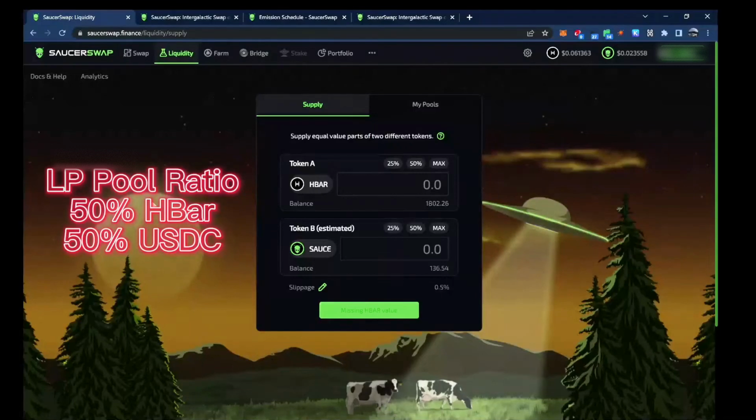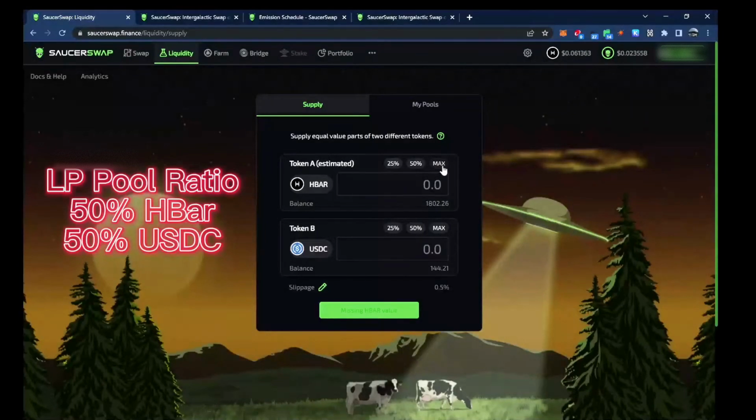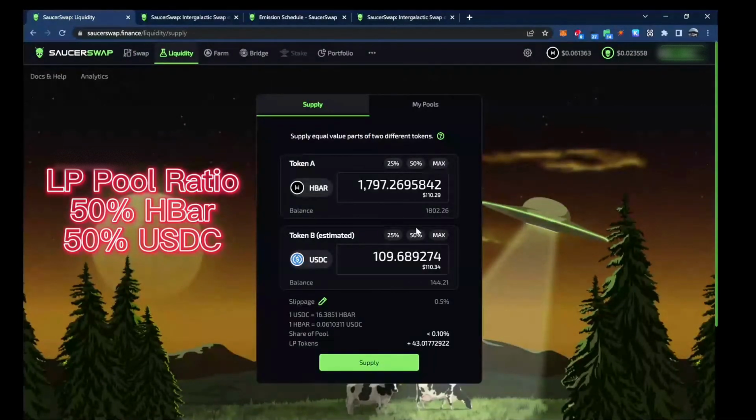So I'll go USDC, hit max, so 180. What I'll do is knock this down 20, because there's usually about a 10 HBAR fee to supply the liquidity pools.